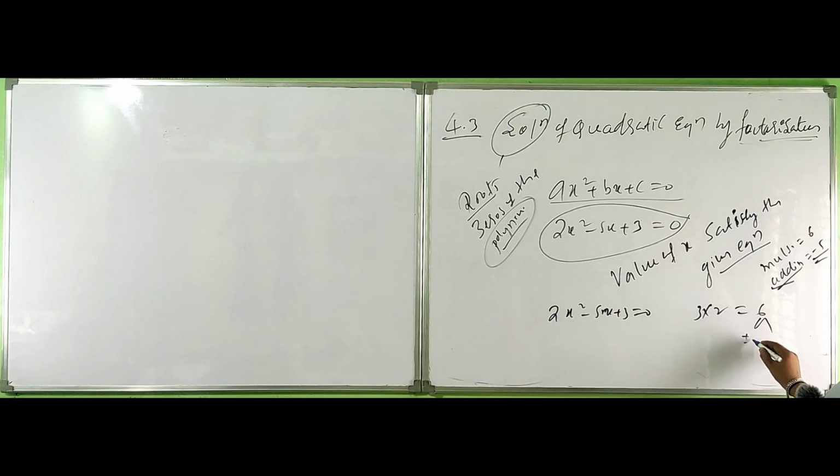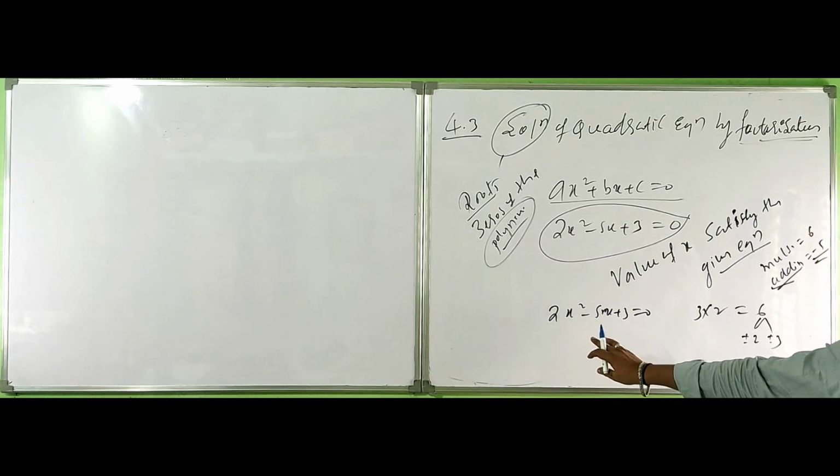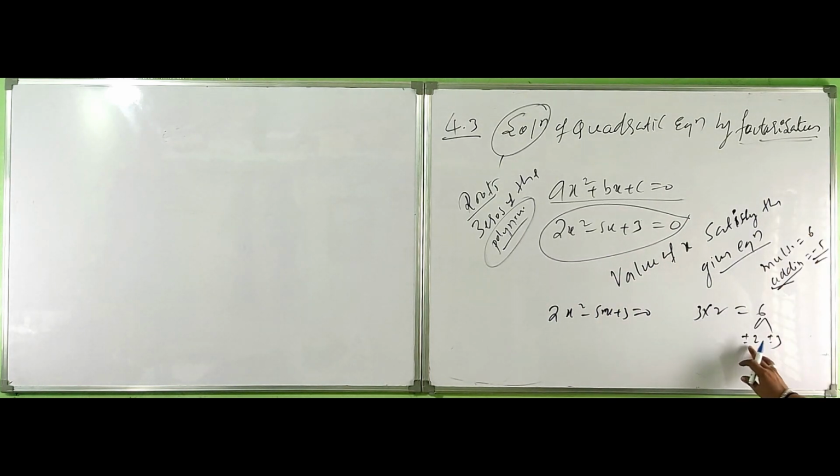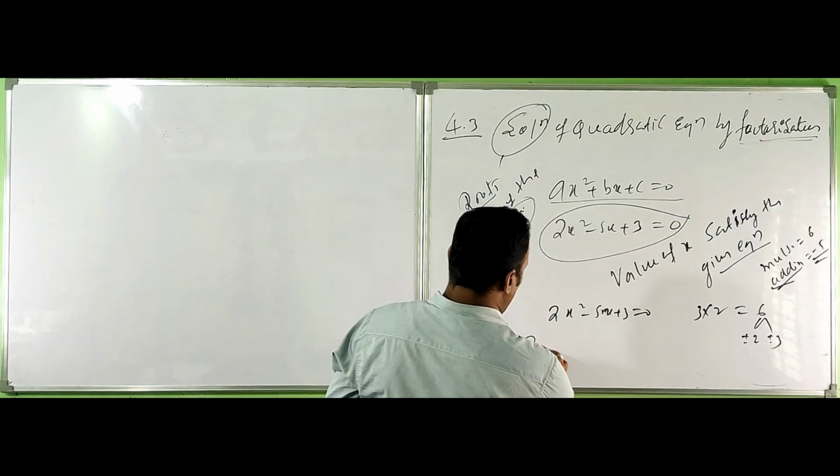So can I take plus or minus 2, plus or minus 3, factors of 2 and 3. So here, I take plus 2 plus 3, I will get 6. But plus 2 plus 3 gives plus 5, not minus 5. So minus 2 minus 3, you are getting plus 6, and minus 2 plus minus 3 gives minus 5.